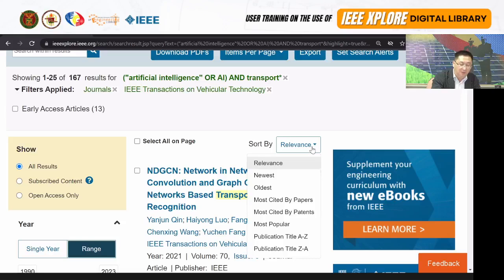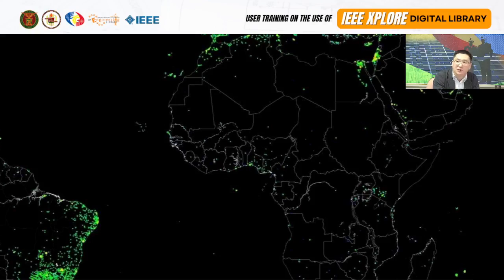And by reading the newest, the latest, most cited by papers, you will be able to identify the research paper that is most impactful, the most recent, as well as the one read by most of the people. Your job is to read, but in this case, it's not just reading for the content, but also assessing the level of difficulty.